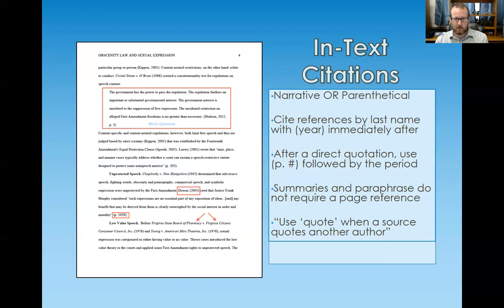Now in the case of a quote, you also need to include the page number that you're pulling that quote from. So since this is a parenthetical citation, we have the author and the date at the end of the sentence, and so we just go ahead and throw the page number in that parentheses as well. But note down here we have the narrative citation, but it also includes a direct quote, and the page number comes after the quote at the end of the sentence.